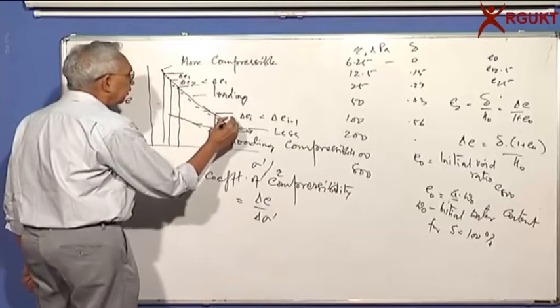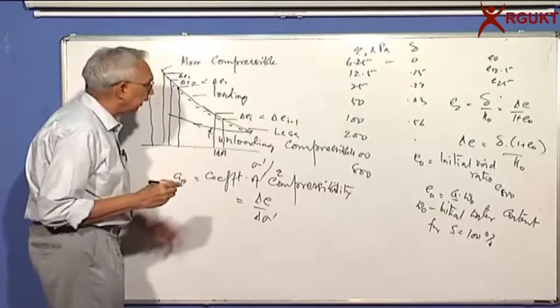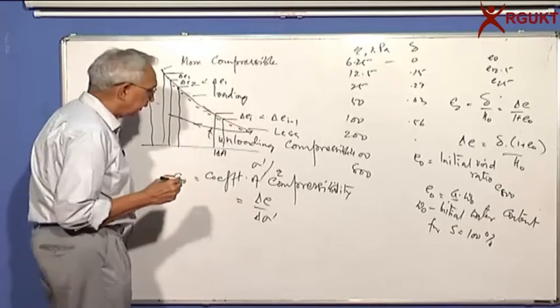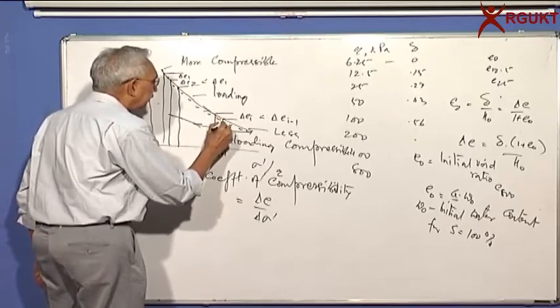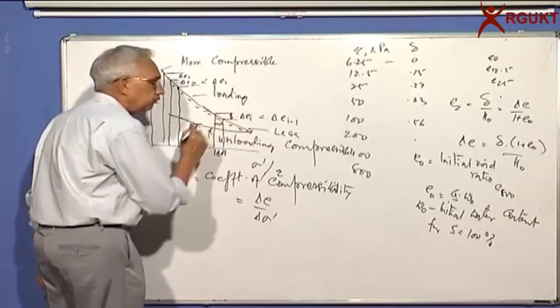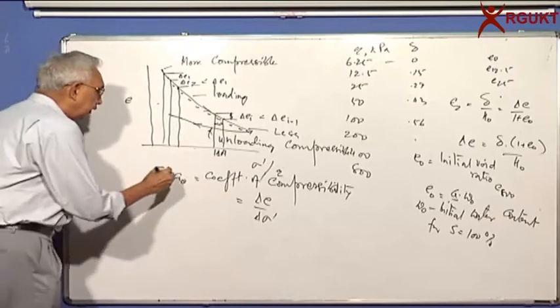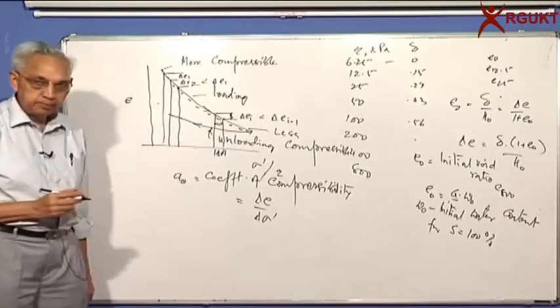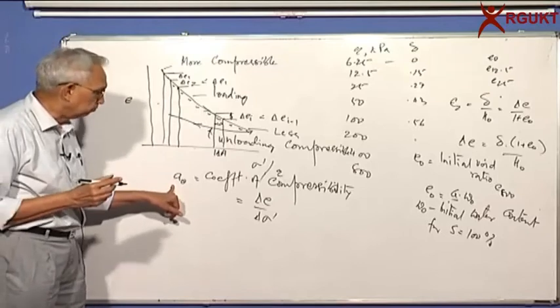I am looking at this delta sigma and this delta e i. So I can take the ratio of the change in void ratio with respect to change in effective stress, and that is called coefficient of compressibility, and we define it by the symbol a sub v.